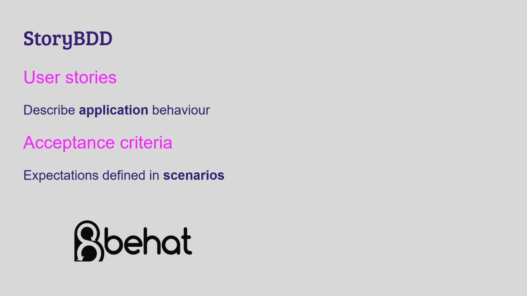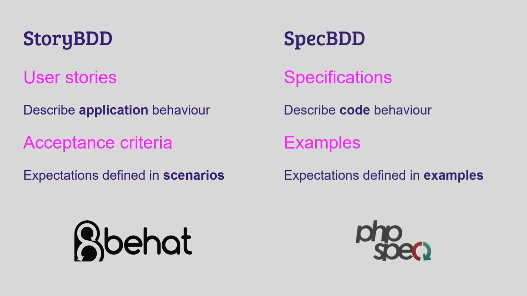However, you may be less aware of the spec level of behavior-driven development. This takes the focus down to the level of the code. Here, specifications describe how the code should function. Expectations of code behavior are defined in examples.